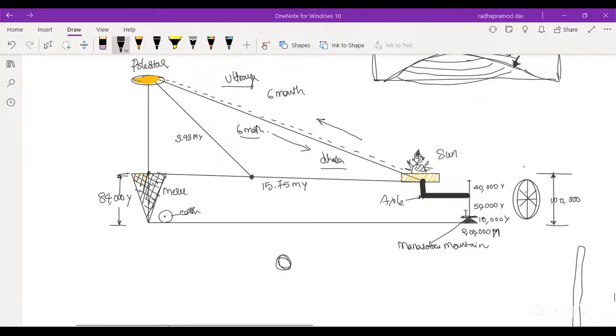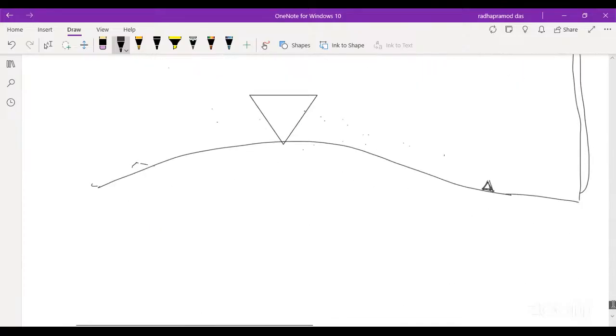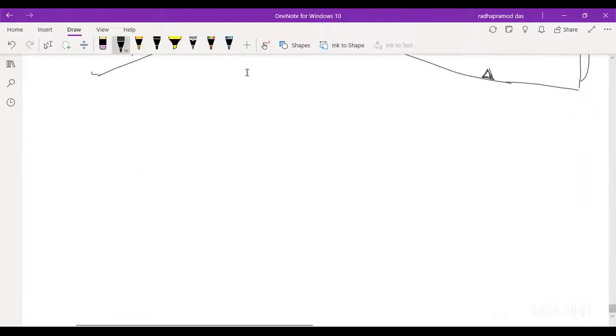Actually the wheel goes on the Mansotra mountain, but the sun's chariot moves because of the movement up and down. So I thought this is up and down. That was my mistake. The width is straight, but here it is up and down. I will again explain what mistake I made. It is going on the Mansotra mountain. I will draw for you here.